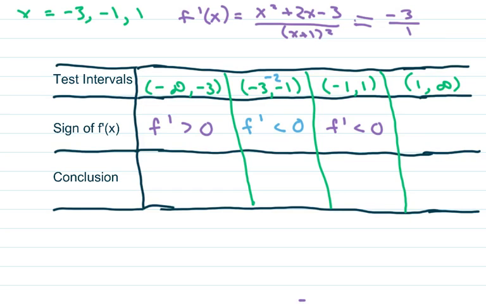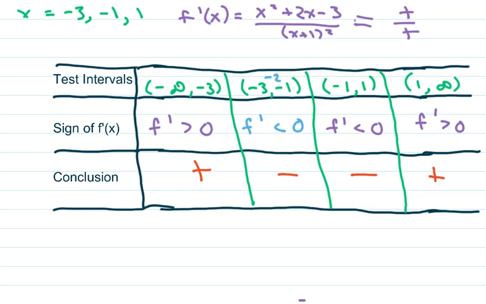And if I plug in a large number, bigger than 1, say 2, you're going to get a positive over a positive. So this is going to be increasing. So what we can do is write this as increasing, decreasing, decreasing, increasing.